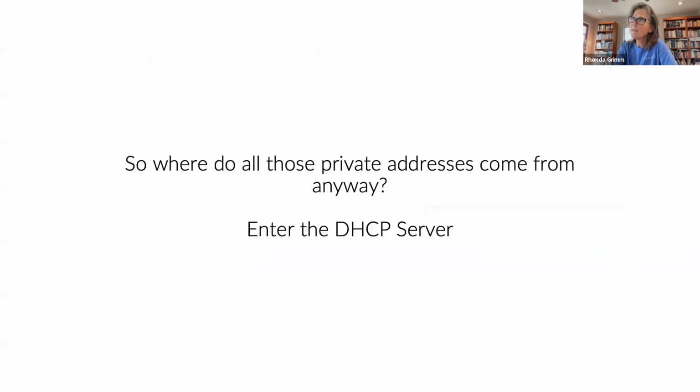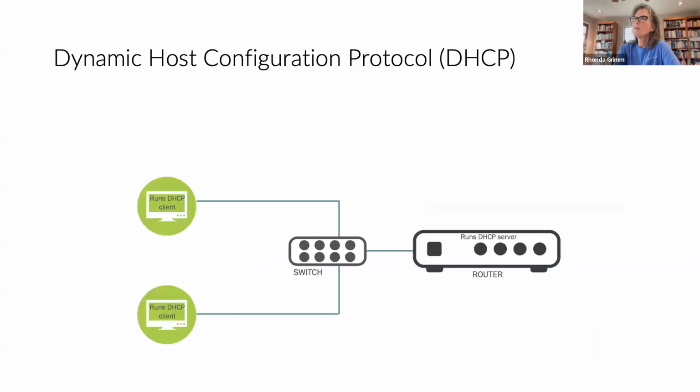So then you have to say, well, where do those private addresses come from anyway? Well, here comes the DHCP server. It stands for Dynamic Host Configuration Protocol, but nonetheless, every client on a network, every device has a DHCP client in it, and the router has a DHCP server.